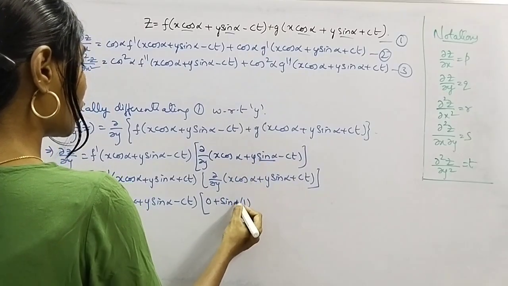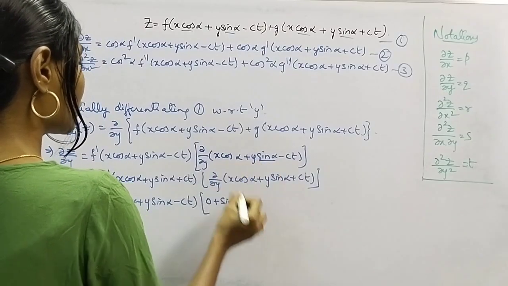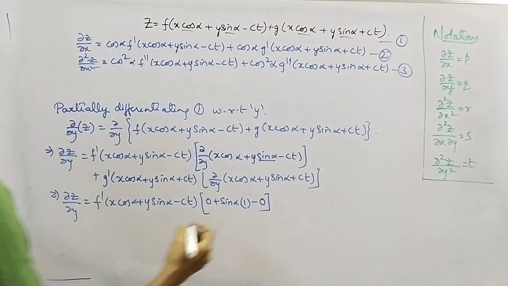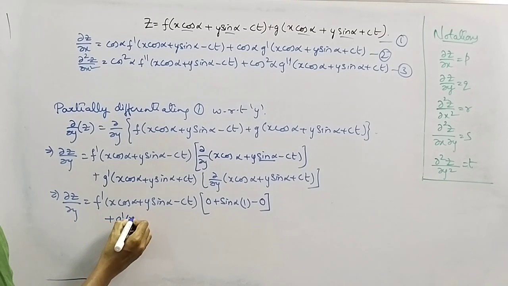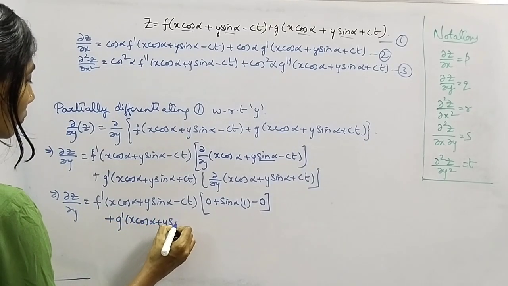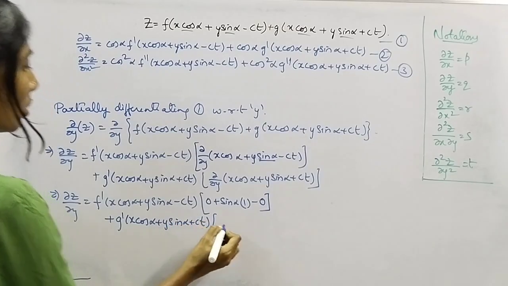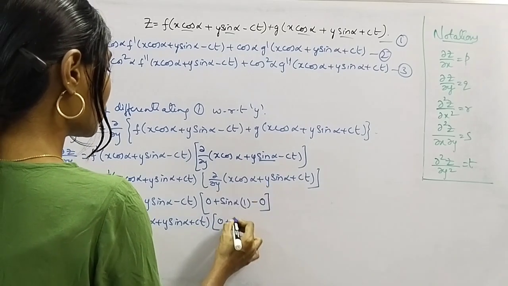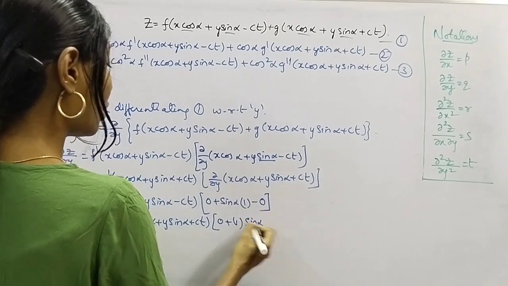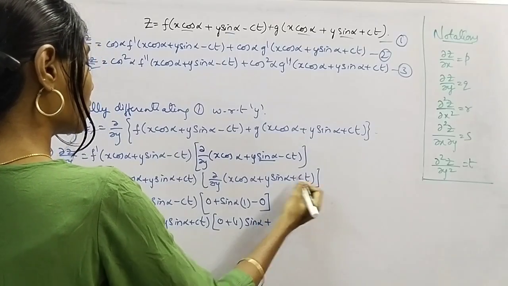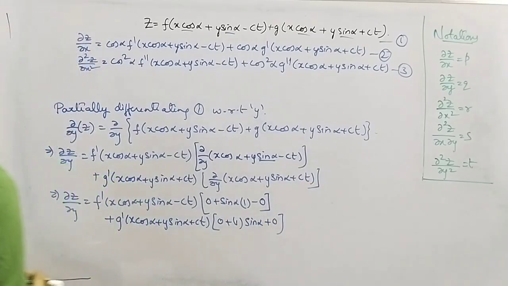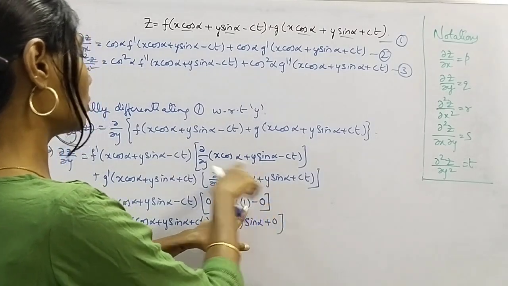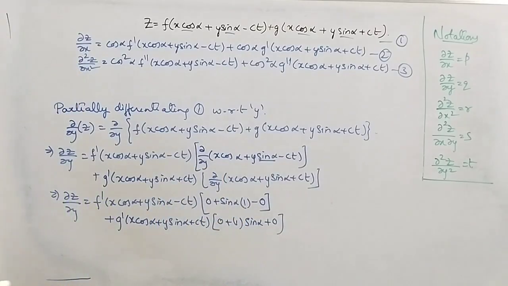Since sin alpha is constant, we are writing constant into partial derivative of y with respect to y, which is 1, minus partial derivative of constant 0, right, plus g dash into partial derivative of constant with respect to y is 0 plus partial derivative of y with respect to y is 1 into constant sin alpha. You can write like this also, plus partial derivative of ct with respect to y is 0. See, this sin alpha into 1 is nothing but constant into partial derivative of y with respect to y, which is 1. Okay, fine.